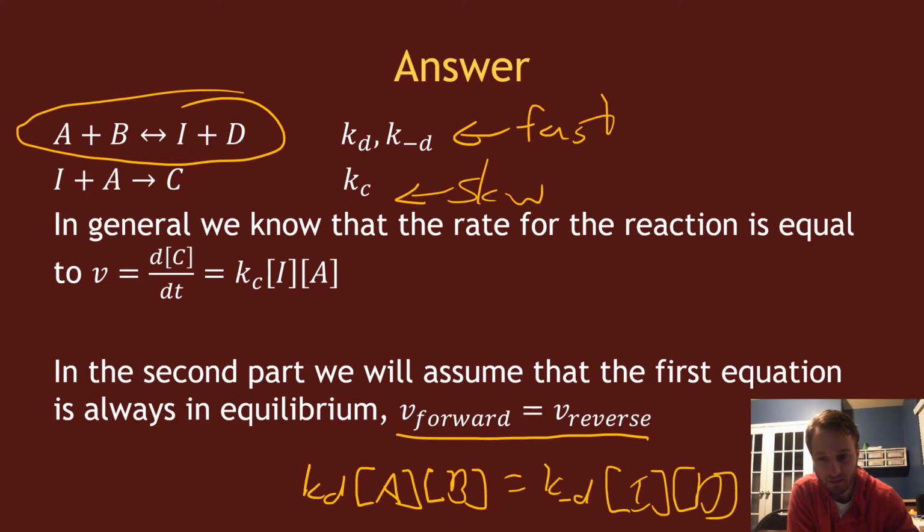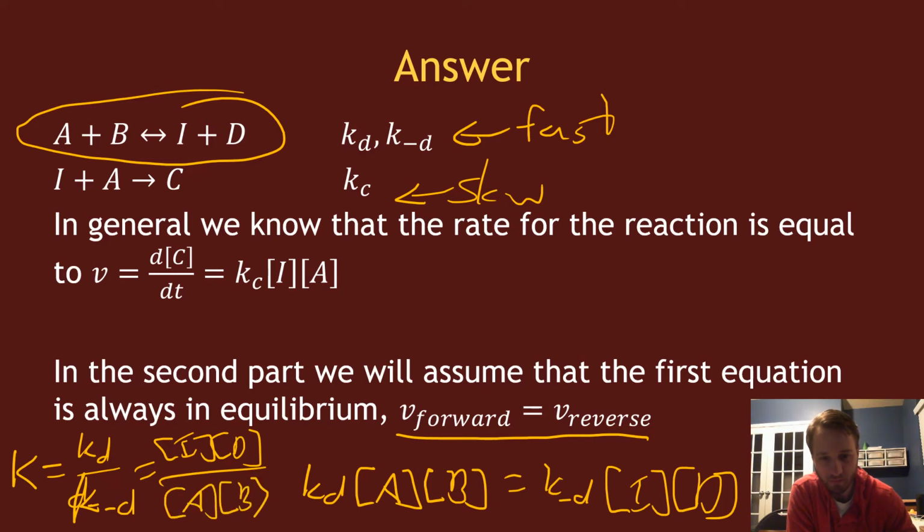It's called the pre-equilibrium approximation because these are equal. Multiplying things over, that gives you the equilibrium constant, KD over K minus D, which equals concentration of I times concentration of D over concentration of A times concentration of B.